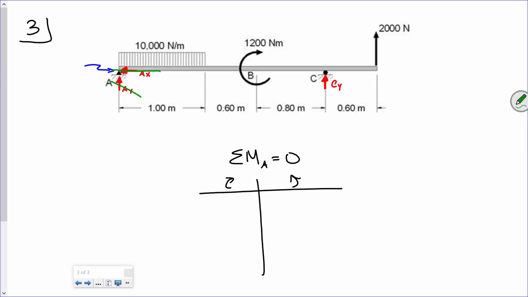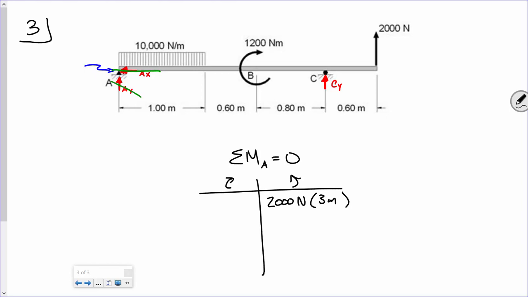What about the 2000? Does that cause a moment? The one on the very right? Yeah. Okay. So should it go on the left side of the table or the right side of the table? Right side. So we put 2,000 newtons acting at a moment arm of what? 1 plus 0.6 plus 0.8, so that's 1.4, 2.4, so 3, right?